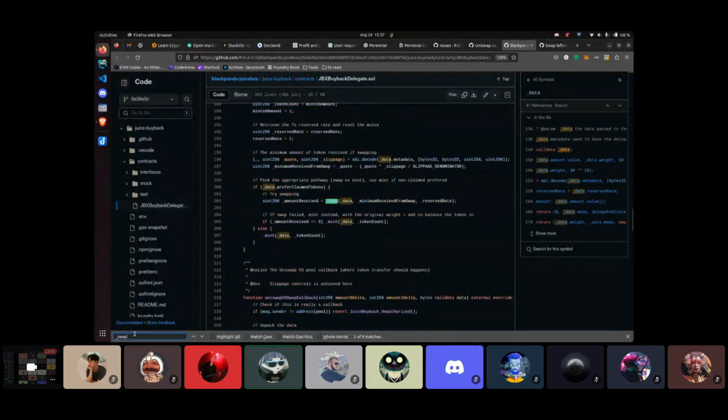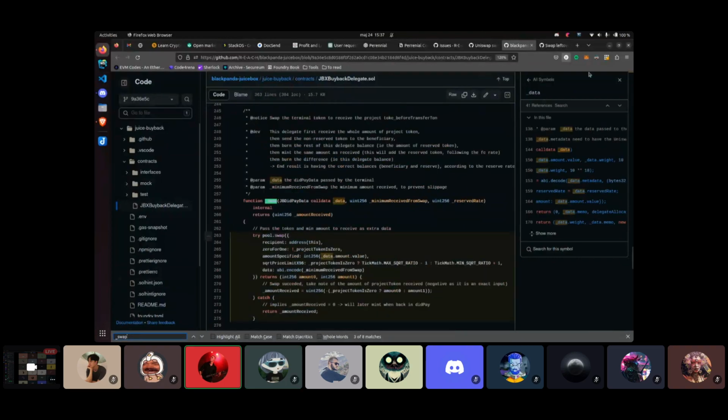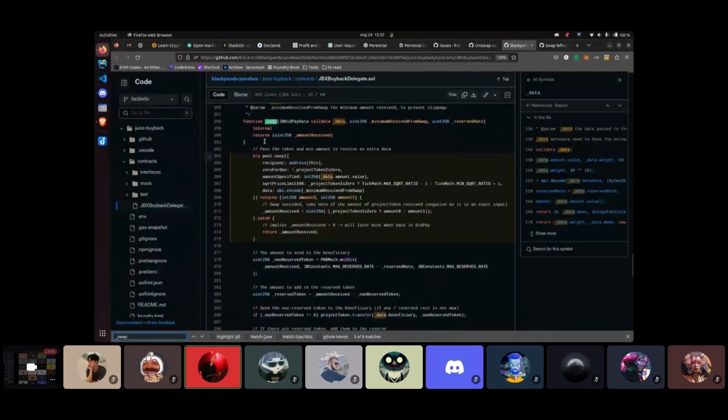And this is not ideal because this may be forced to revert. In this case, it was not possible. However, you have to know that, for example, this try can fail due to out of gas.